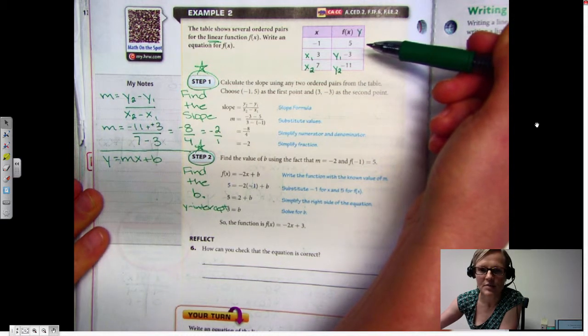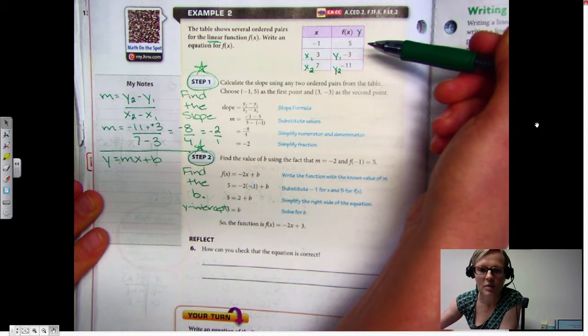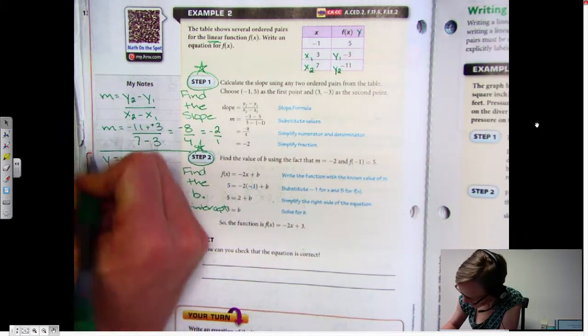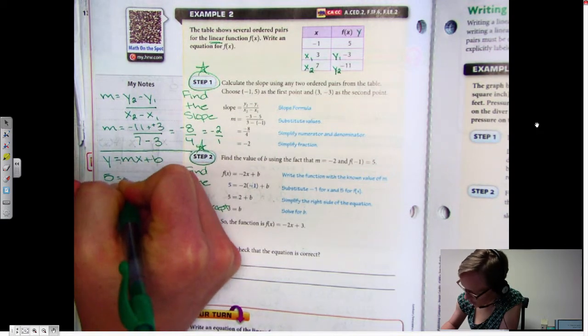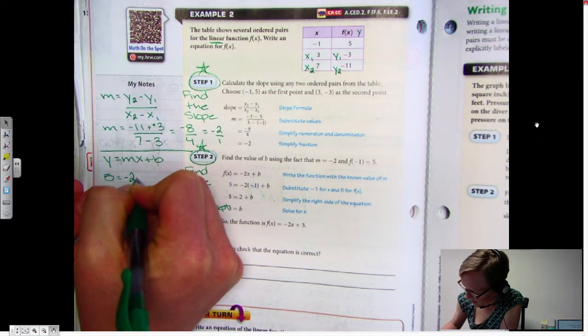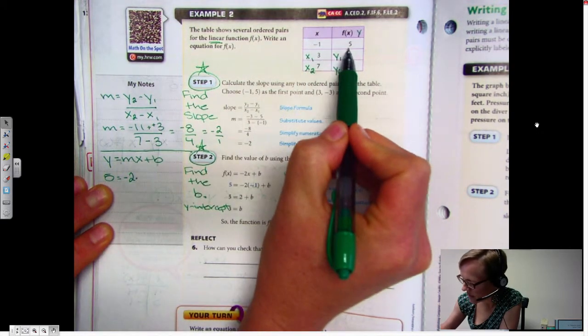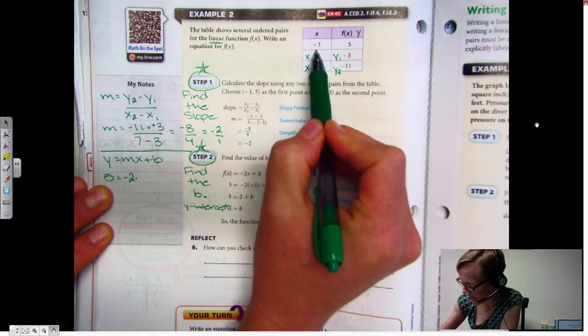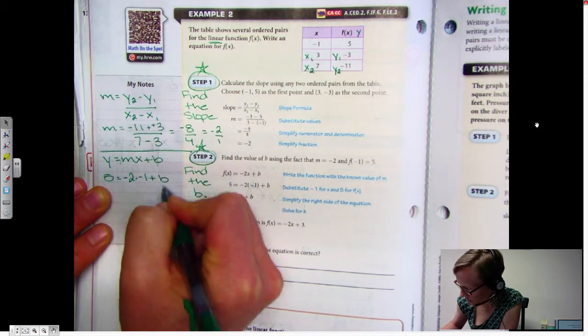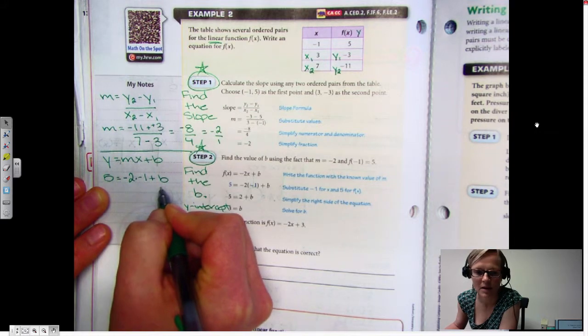So literally substituting these numbers into this formula. The y value is going to be substituted with a 5. The slope is going to be substituted with our -2. The accompanying x value for this y value of a 5 is a -1. So I substitute that in, and what we need to solve for is what our y-intercept would be.